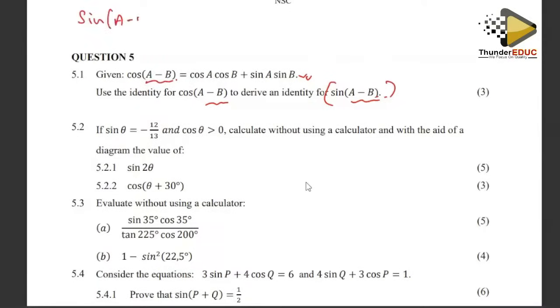So I'll say sine of A minus B is going to be the same as the cos of 90 plus A minus B, something like this. Okay, is it a minus or a plus? I think it has to be a minus, no?